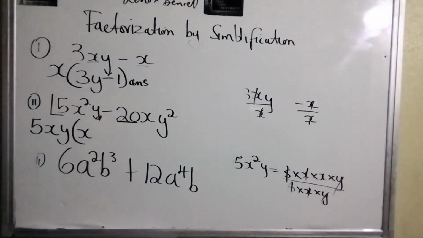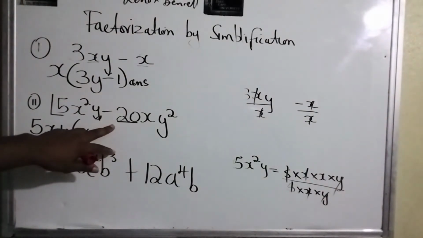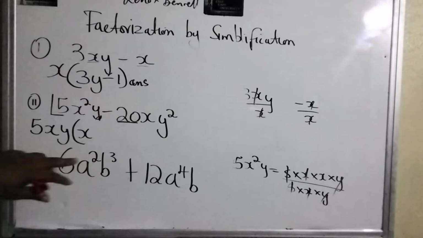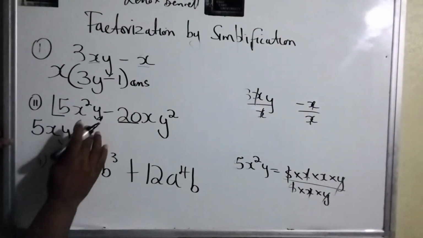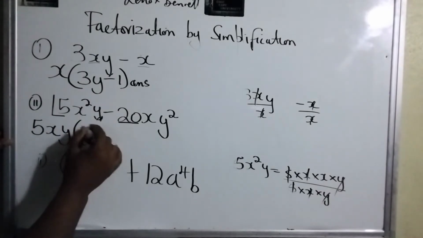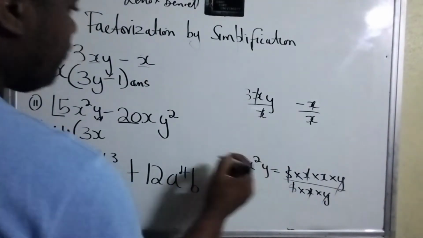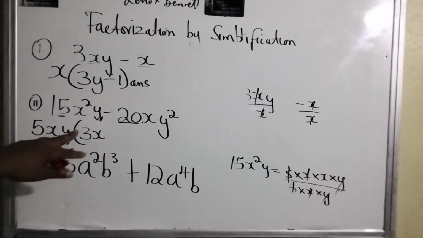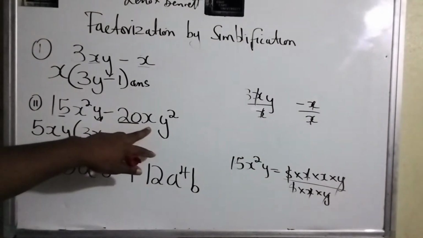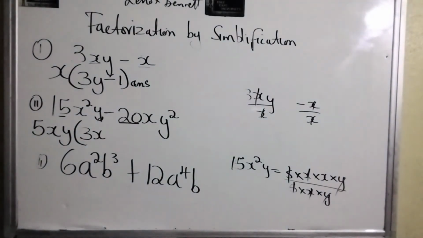Next, we're going to do the same thing, but this time, oh, this is supposed to be 15. This was not 5, it was actually 15. My error. And then now we say 5xy into 20xy squared.